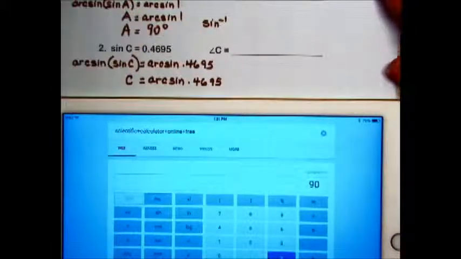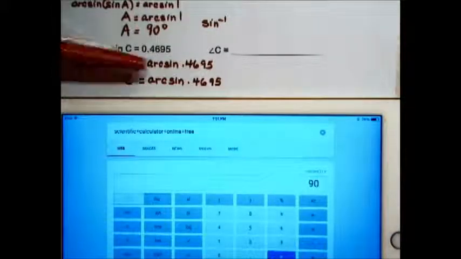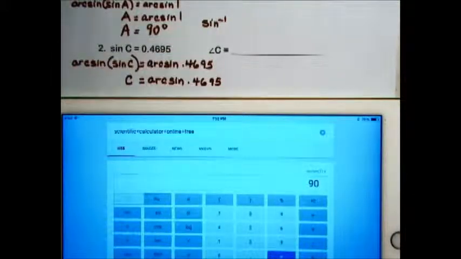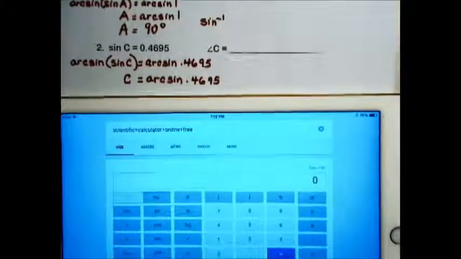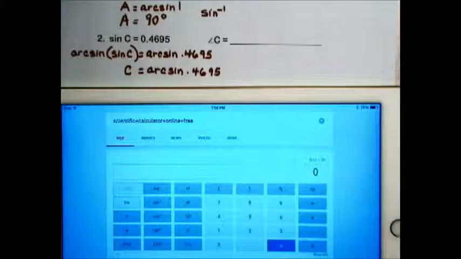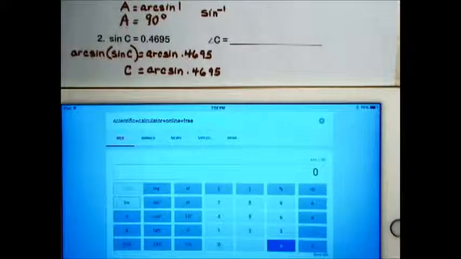And in problem number 2, our setup is to evaluate for angle C, take the arc sine of 0.4695. So I'm going to clear everything here. If you notice, I have the sine key showing. I'm going to tap the inverse, or it may be the shift key on some calculators. The sine display button changed to sine to the negative 1, which is oftentimes a calculator's way of showing the inverse of that trig function.